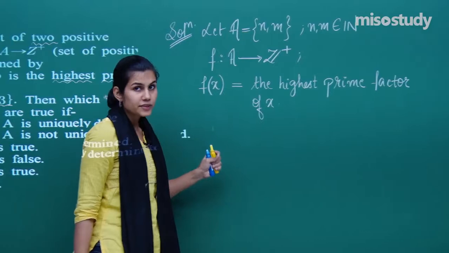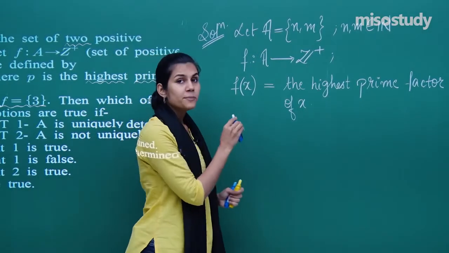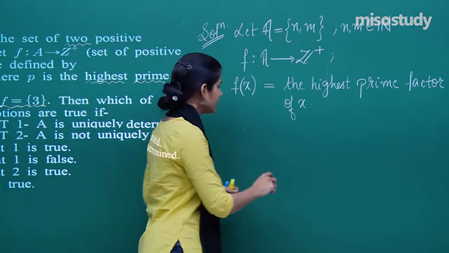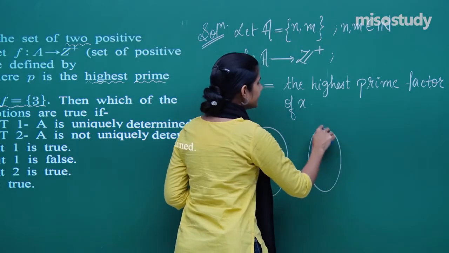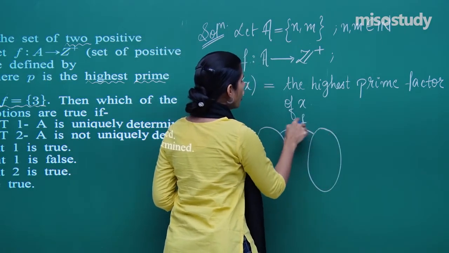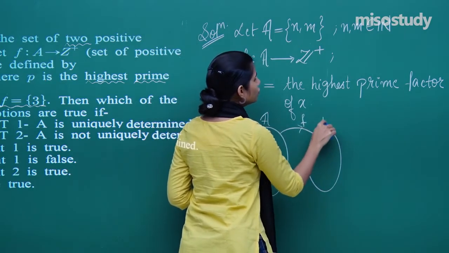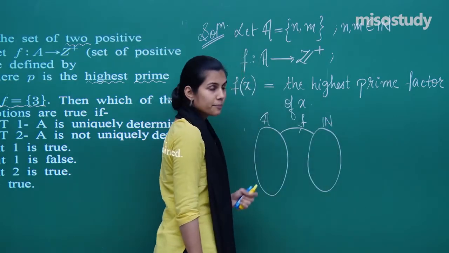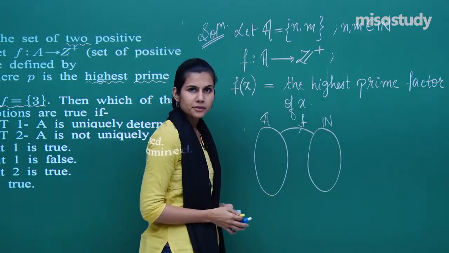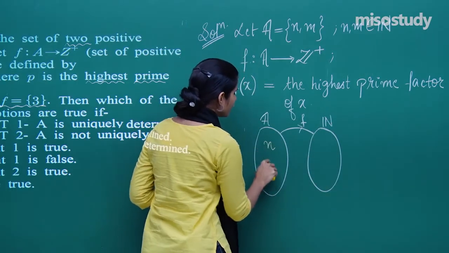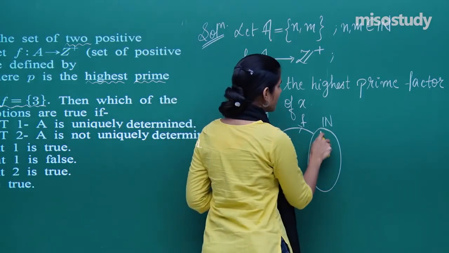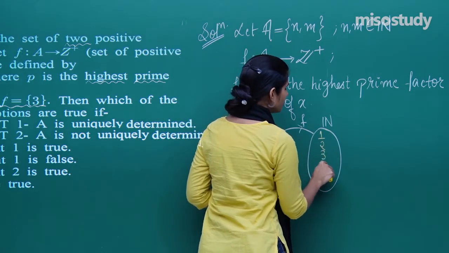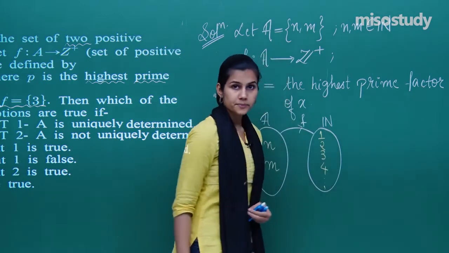Now that I have this, let's see one more fact which is given to us. Because this function definitely is from set A to N, because Z plus is nothing but N. Inside A, I just have two members n and m. Inside N, I have so many natural numbers, 1, 2, 3, 4 and so on.